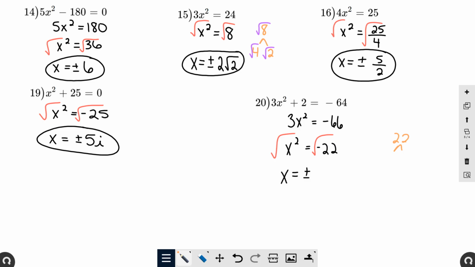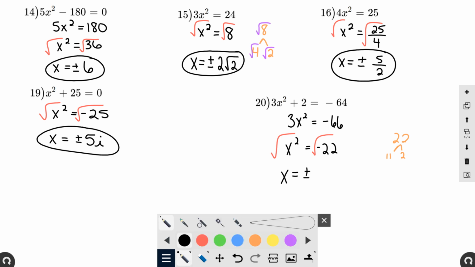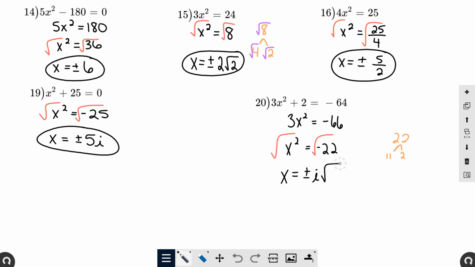Our only choices are either one of those perfect squares. Can we break it down even more? No. So the square root of 22 stays as the square root of 22, but it's negative, so we have to put i. Good. i's go before the square roots, but after the numbers. So x equals plus or minus i square root 22.